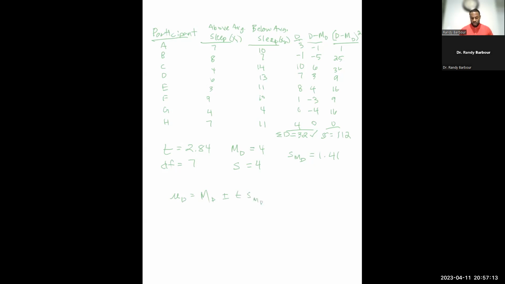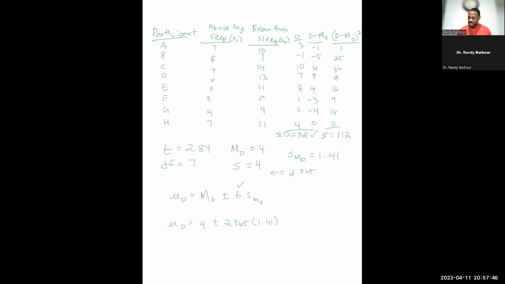So given everything that I know, I'm just going to plug numbers in, right? If I have a 95% confidence interval, again, we're using a t-test, so the t that I'm going to be using here is going to be 2.365. All right, so I'm just going to plug the values in. You're going to get 4 plus or minus 2.365 times 1.41.